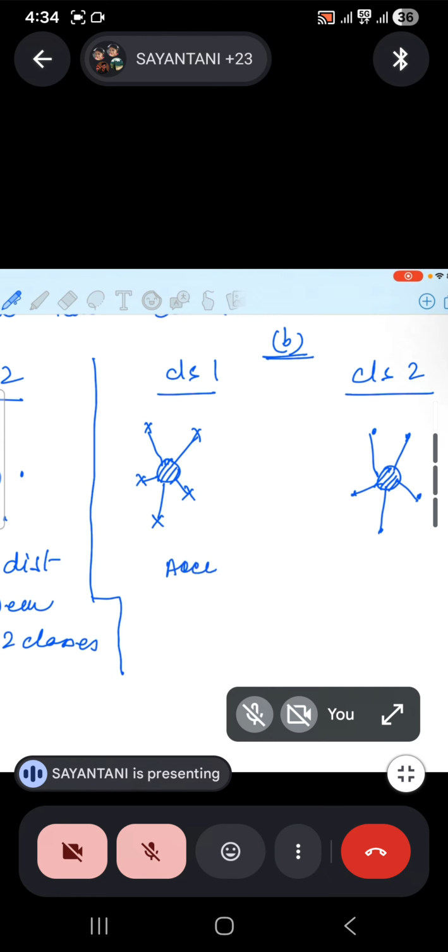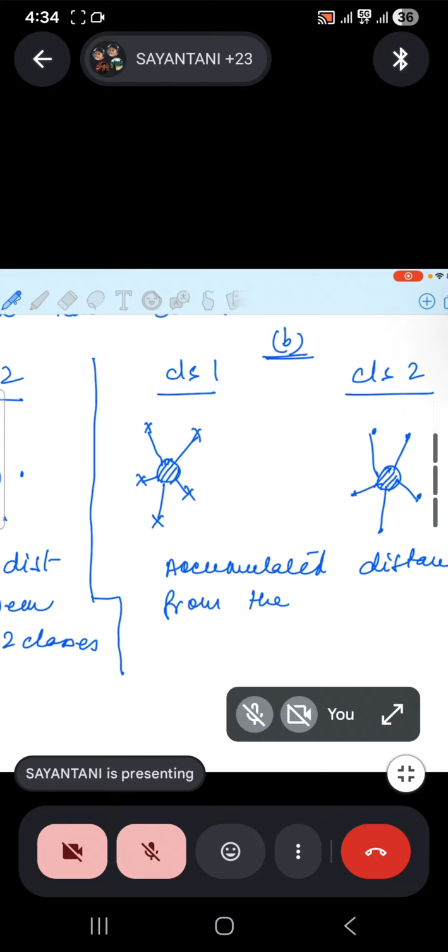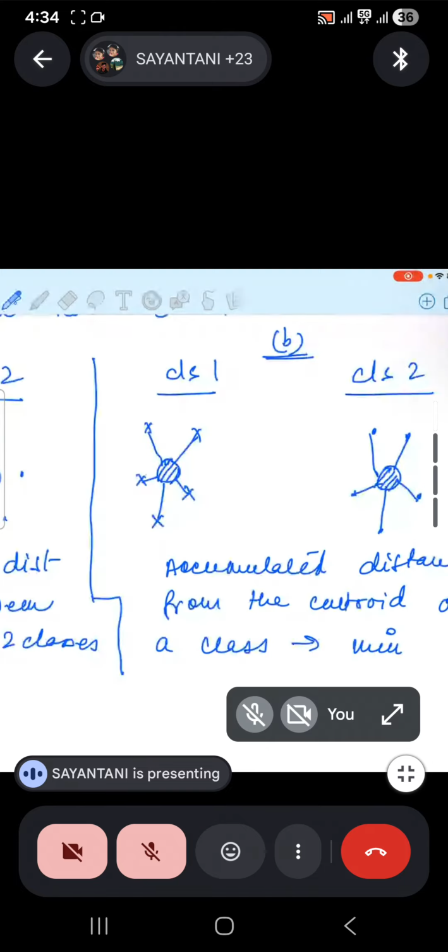So the accumulated distance from the centroid of a class has to be minimized.